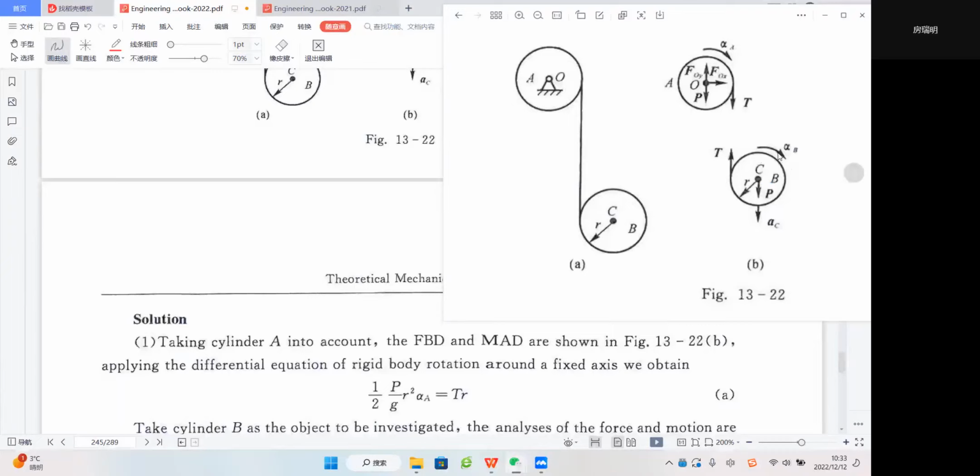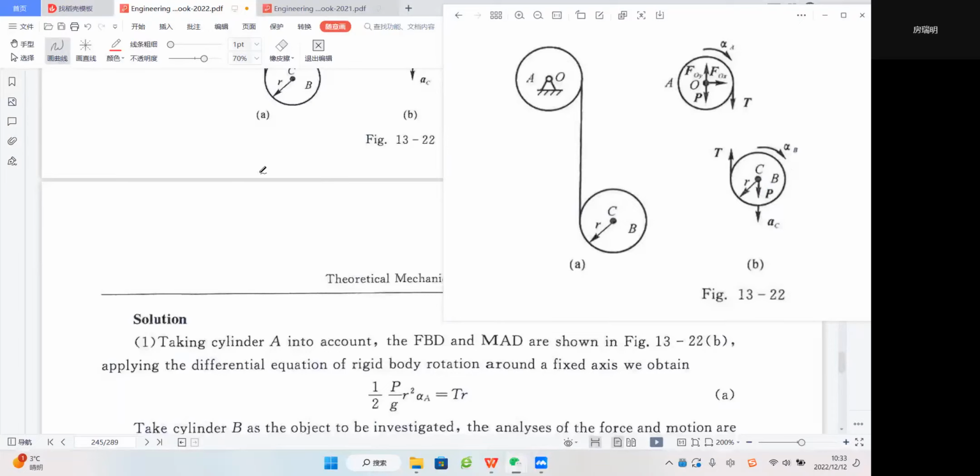So this is the motion, and this AC means the acceleration of its mass center C, right? And the force analysis is very simple, just its weight P and the tension force T.